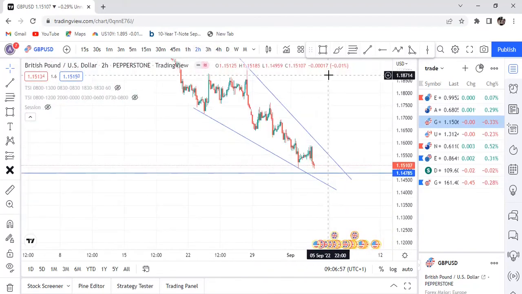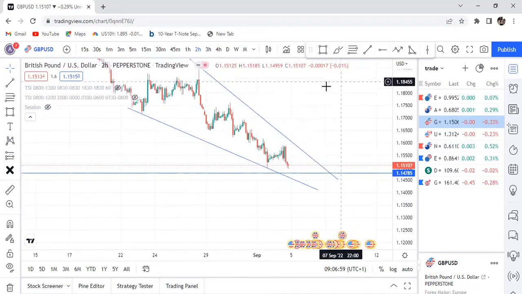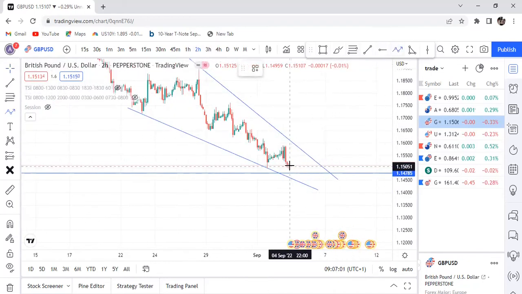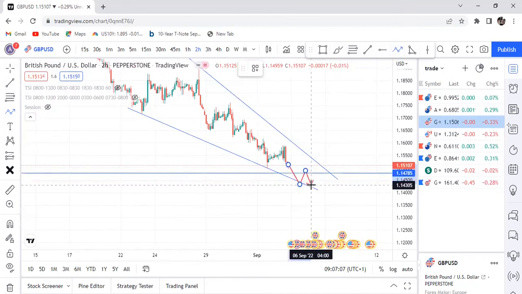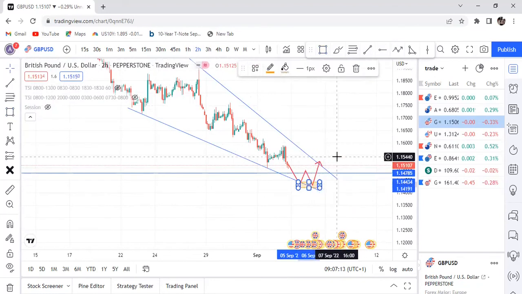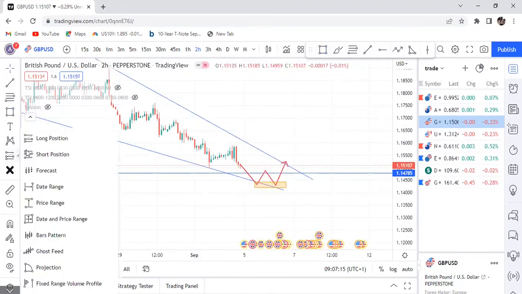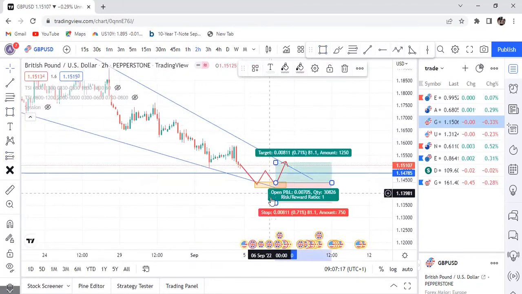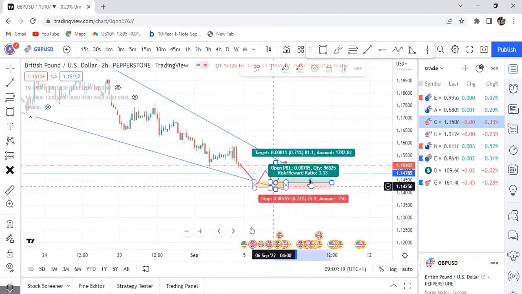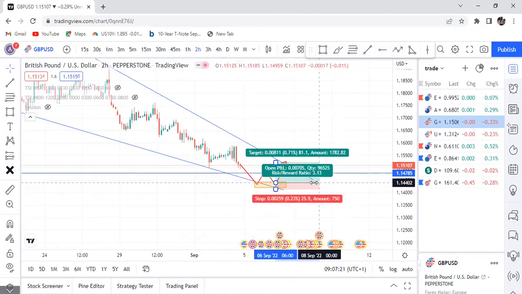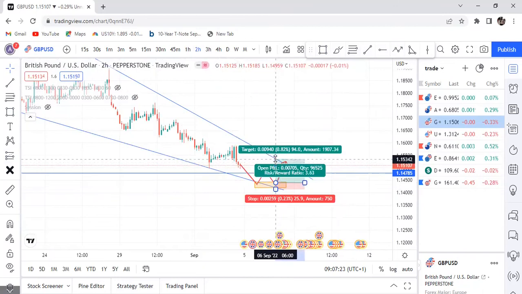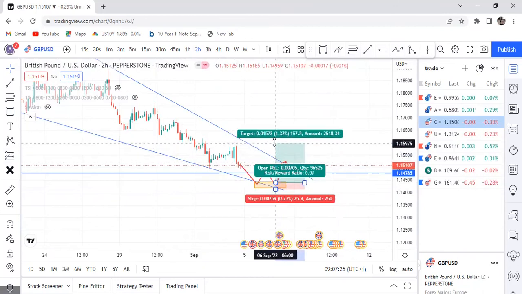So we want to capture the price, then we probably want this guy to come down. If it can give a very nice double bottom here, then I'll probably take a buy at this area, because this is probably a good trade.